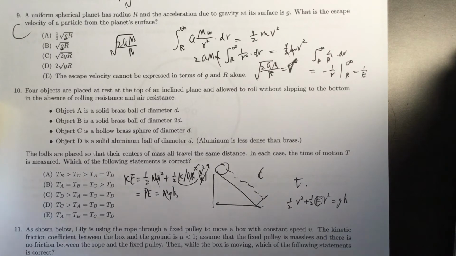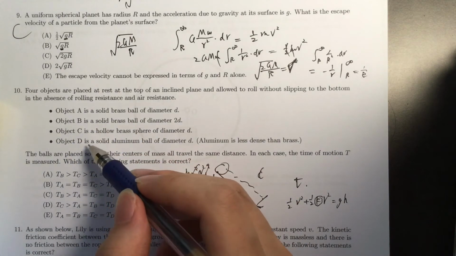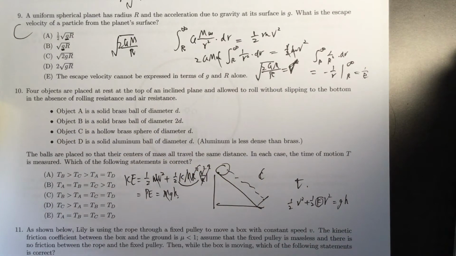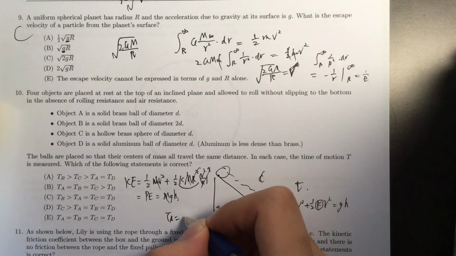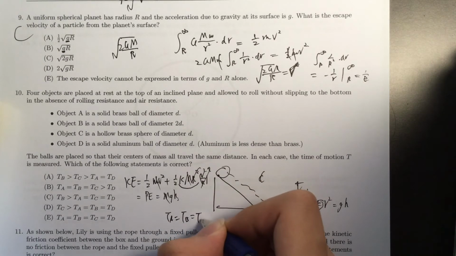Since A, B, and D are all solid balls of different diameter and different mass, but we know mass doesn't matter, as long as it's a solid ball they have the same k value. So T_A has to be equal to T_B, equal to T_D.